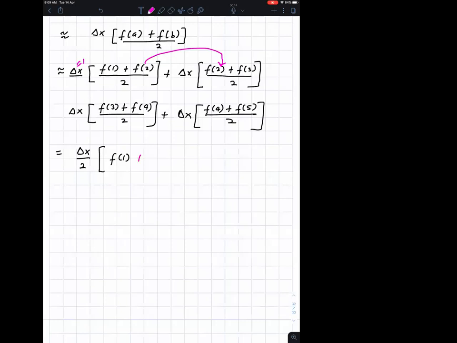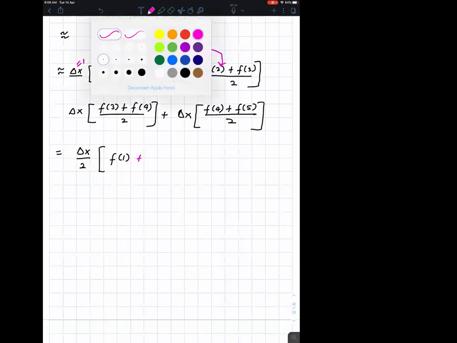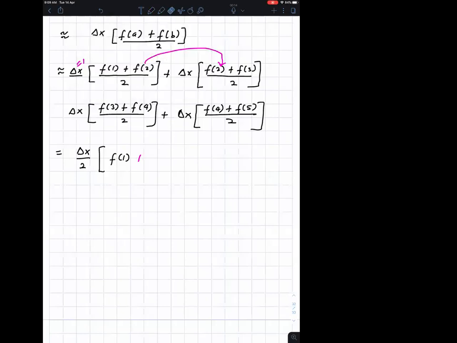So then you can write this as plus 2f2. If you have a good calculator, the less you write, the more compact you can reduce it, the fewer numbers you need to punch into your calculator.